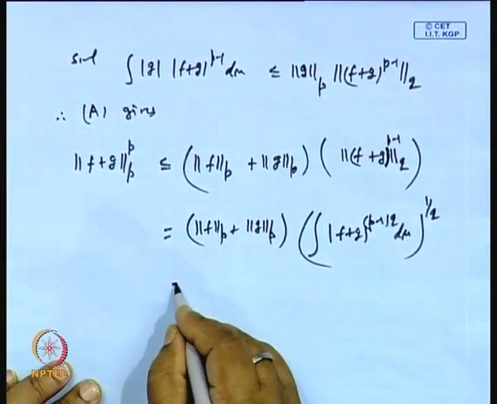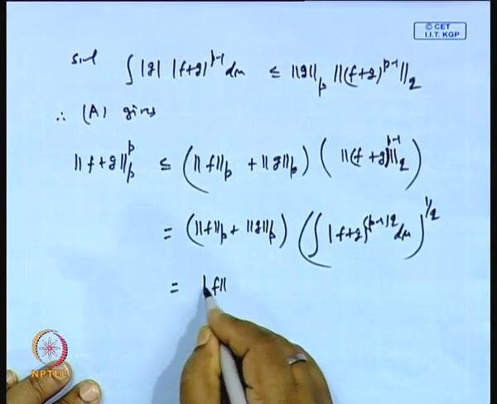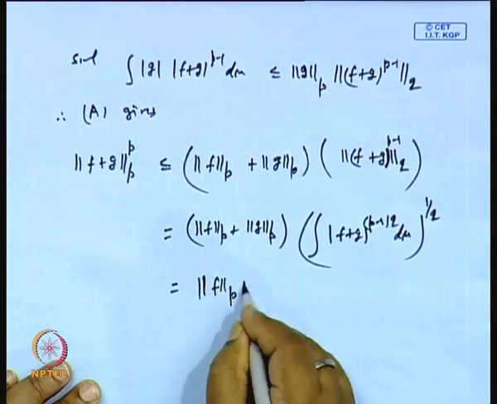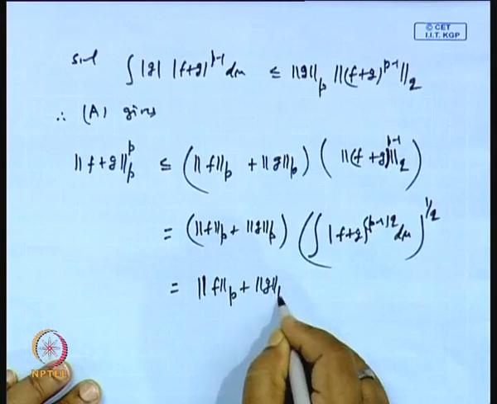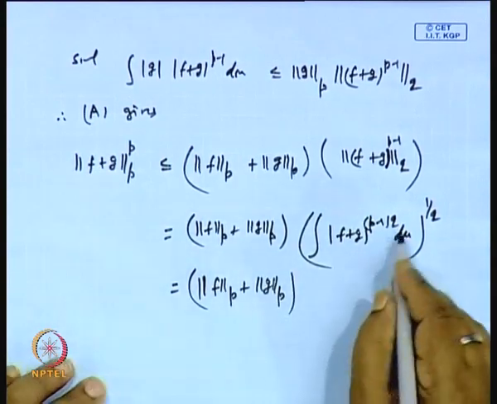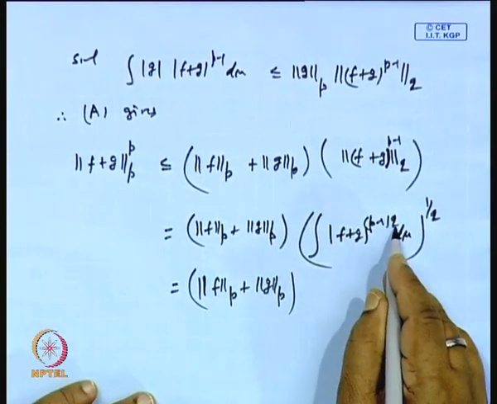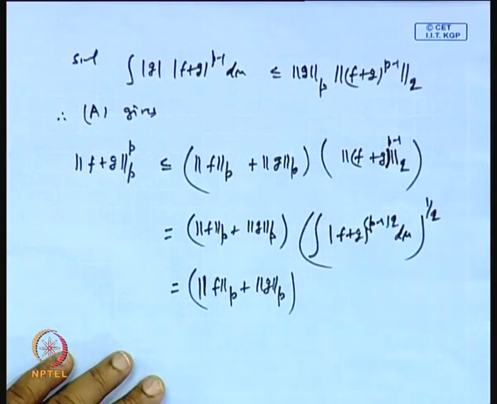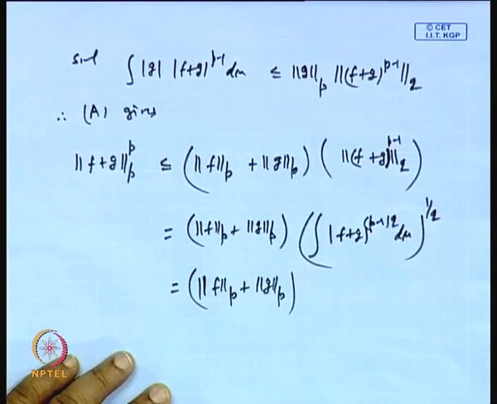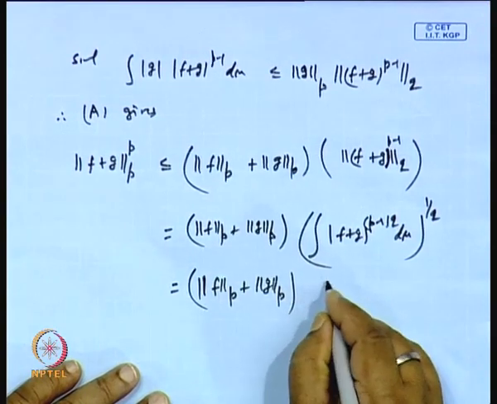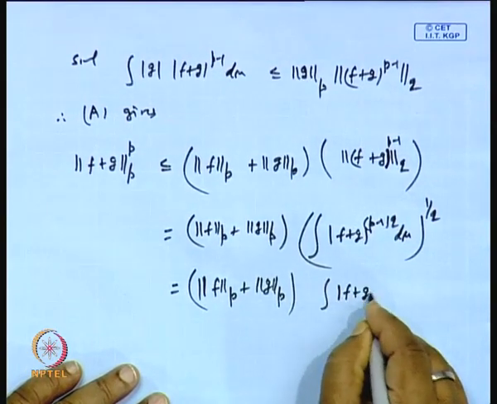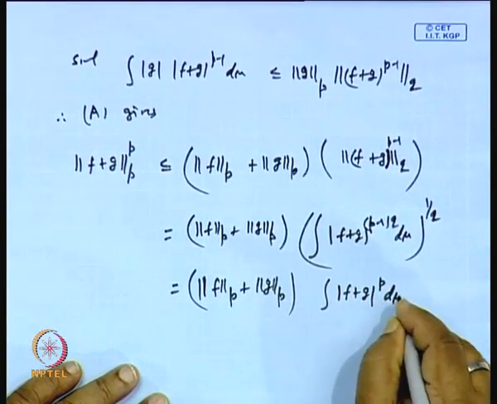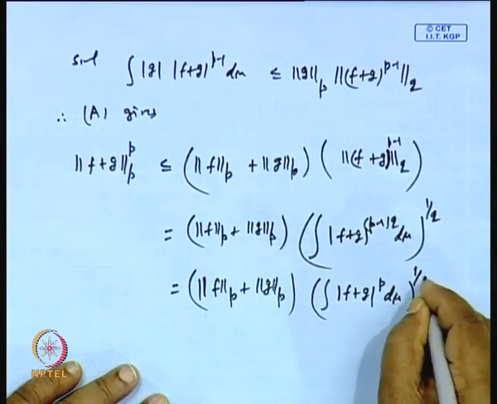Now, this is equal to, since p minus 1 into q is p, that we have already seen. So, this will be equal to the integral of mod f plus g to the power p d mu, whole to the power 1 by q.